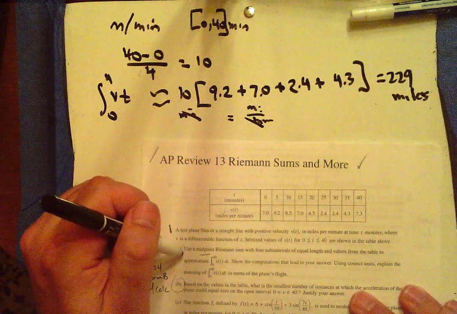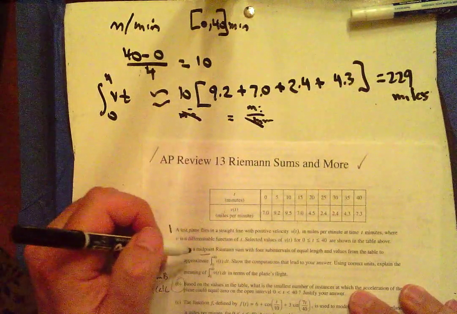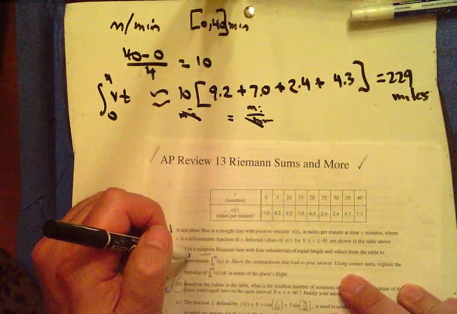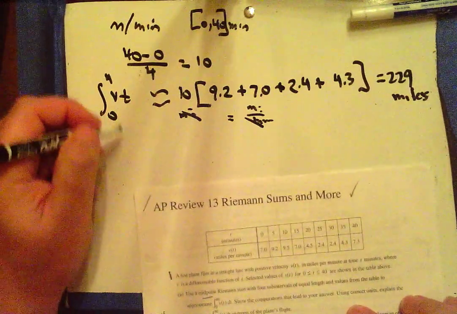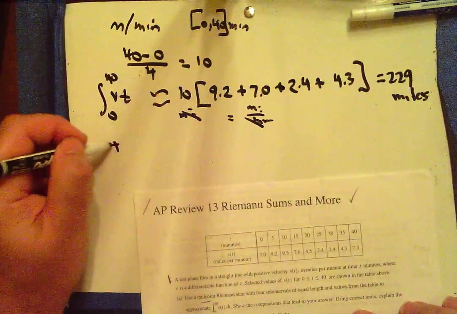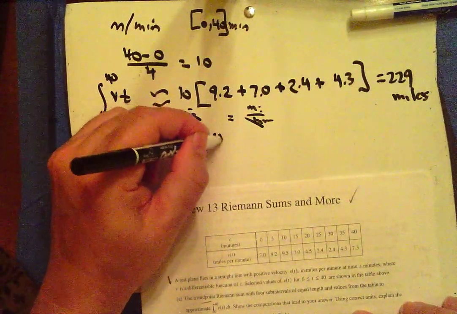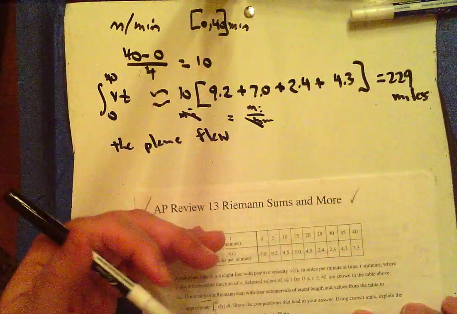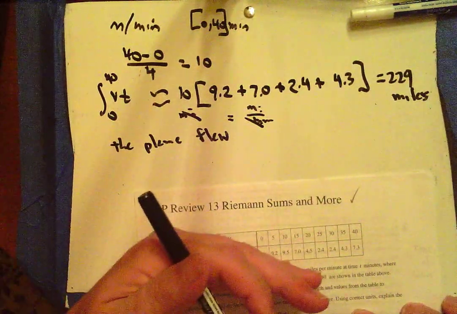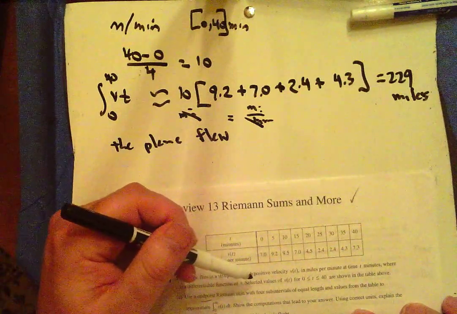Use a midpoint Riemann sum to approximate that. I did that part. Show the computations. Use correct units to explain the meaning in context. Oh, okay. So the plane flew. None of these are negative, so I assume that, does it say differentiable function, selected values?